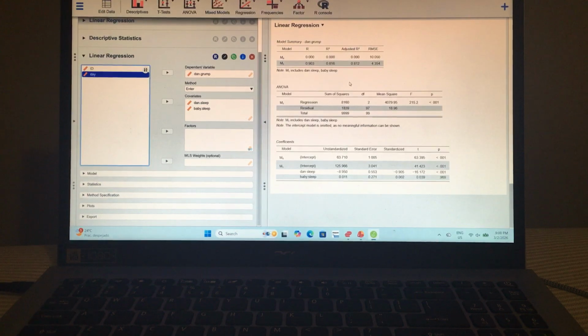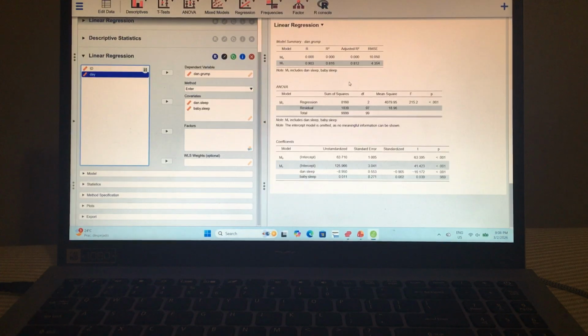Now, with our ANOVA table, which is our second figure, right? We have our model summary, our ANOVA, and our coefficients. So just as we saw with the simple linear regression, this ANOVA table is addressing the statistical significance of the overall model. So in this case, it's looking at whether the model containing both Danny's sleep and baby's sleep can predict the grumpiness. The null hypothesis is that the model does not predict the grumpiness.